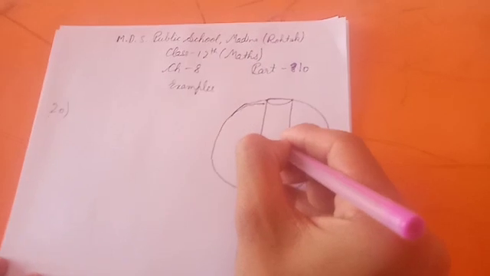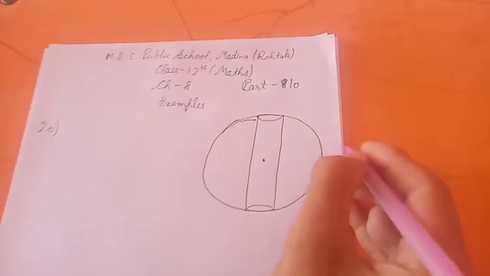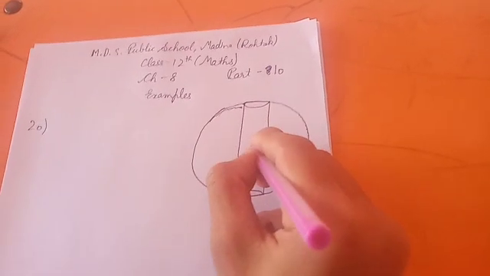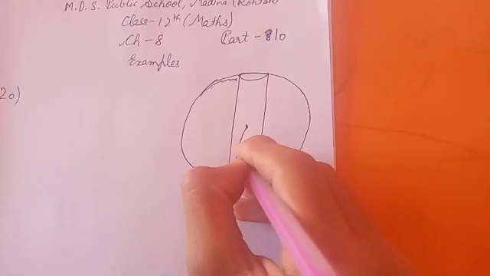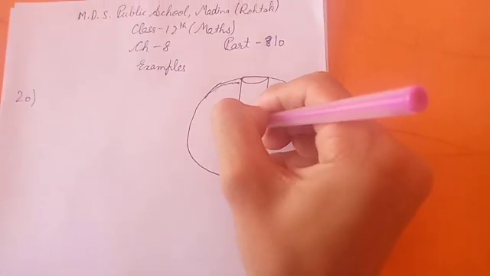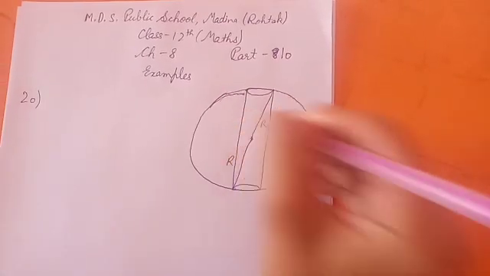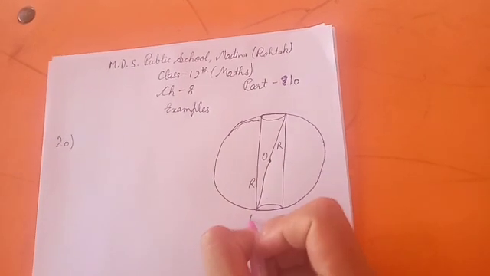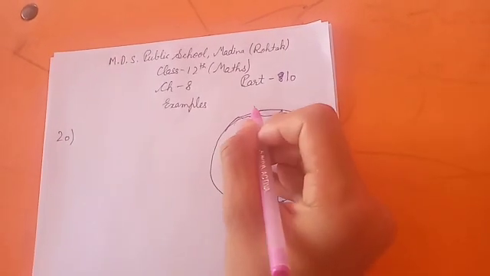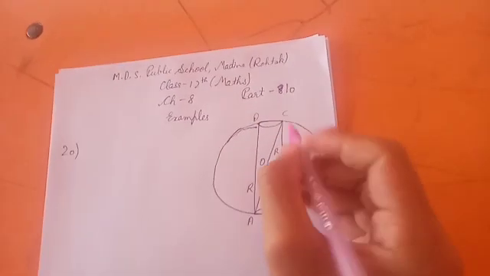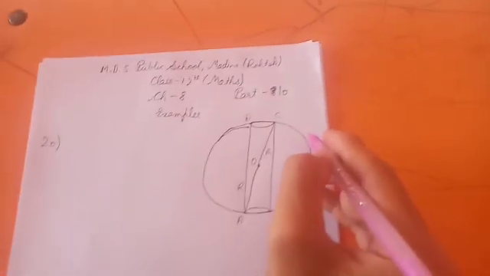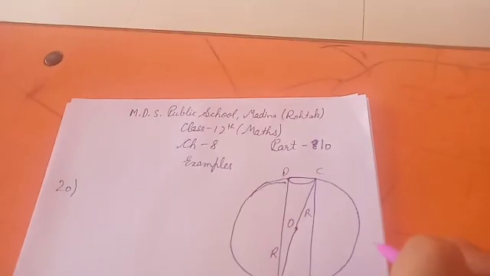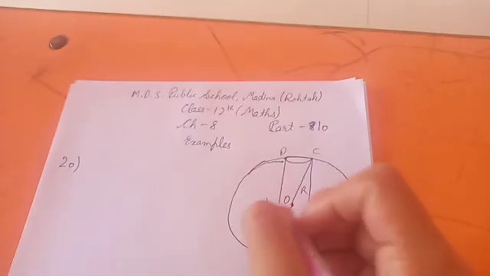Okay, and this is the center of the sphere, and the radius of the sphere given is r units, that is r. So it is also r. Now this is say point O. It is A, B, D, C, and the height of the given cylinder is, we have assumed h.